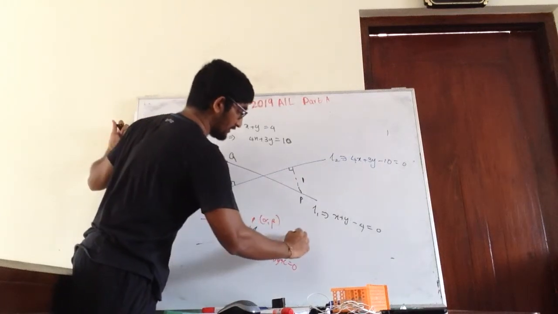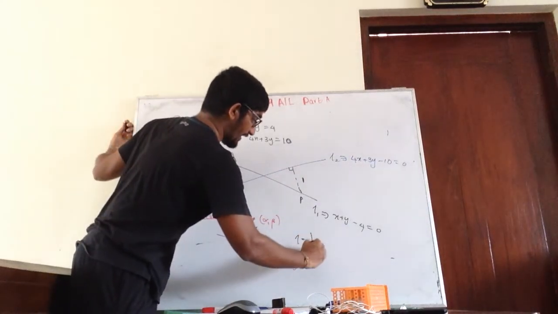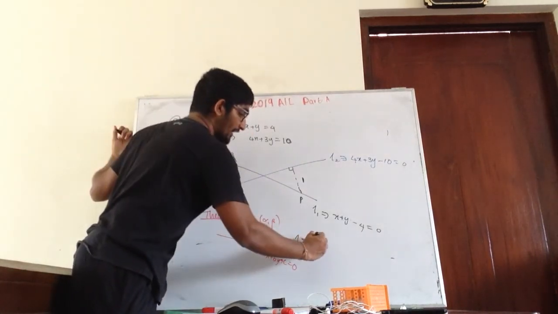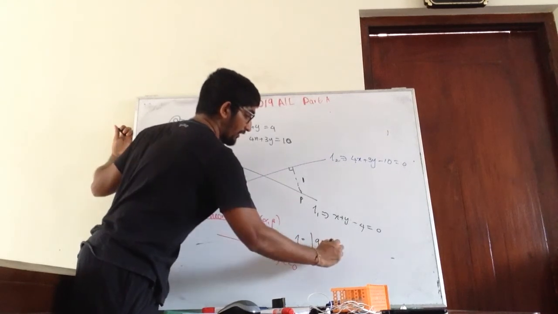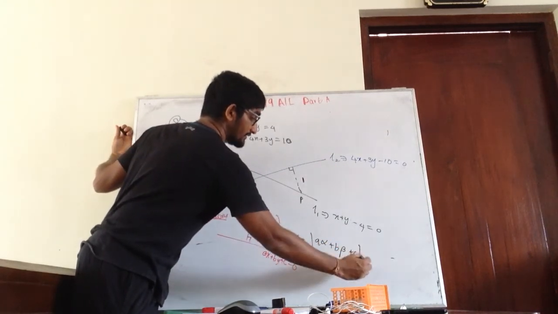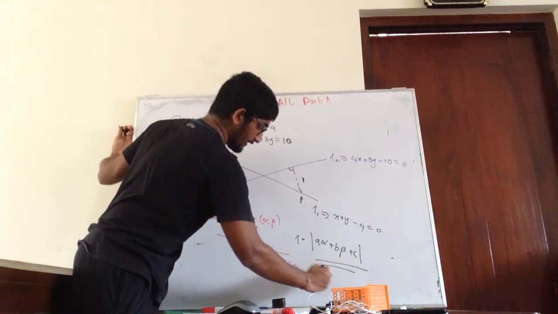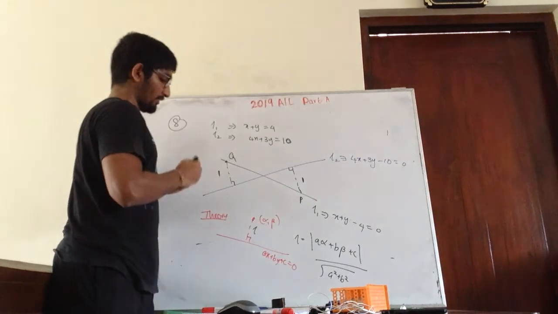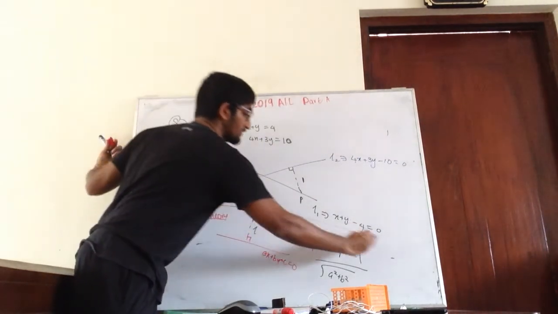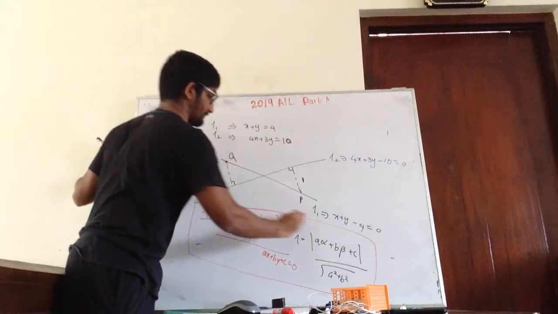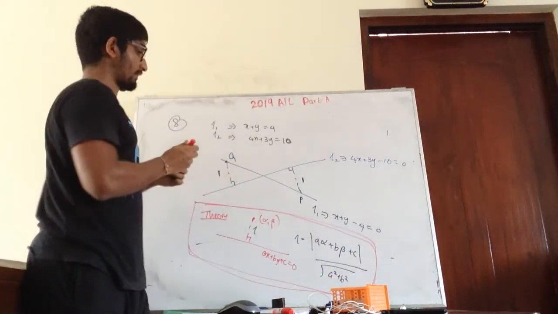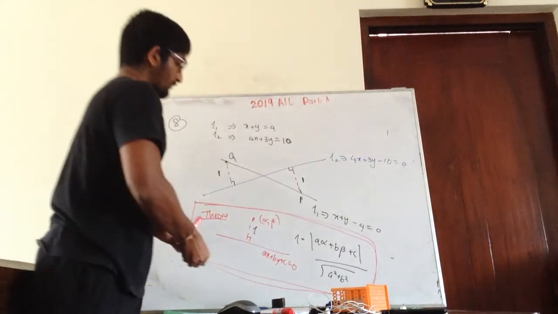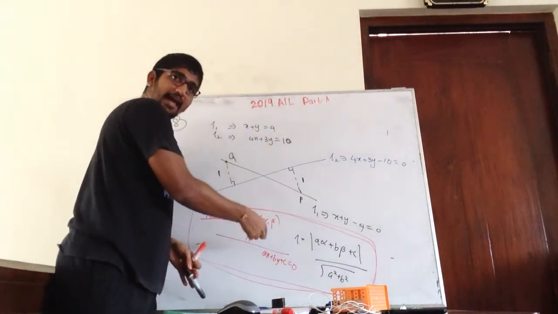So the length of this can be written as: you substitute x with alpha, so the absolute value of a alpha plus b beta plus c, divided by the square root of a squared plus b squared. Now this is the theory that we need to do this sum.